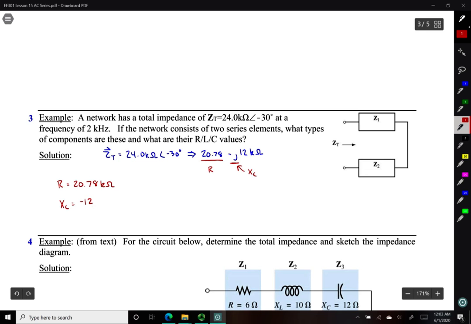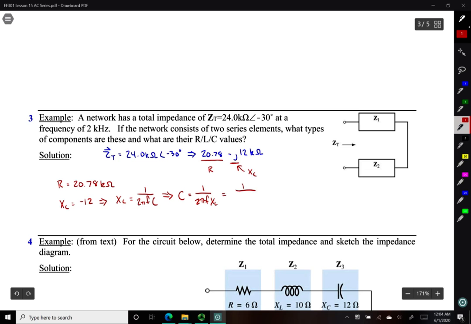we have minus 12, and using our formula to calculate the reactance from a given impedance, so we have 1 over 2 pi frequency times our capacitance. We will rearrange the terms on this, so we have solved for C, which is equal to 1 over 2 pi F times the reactance.